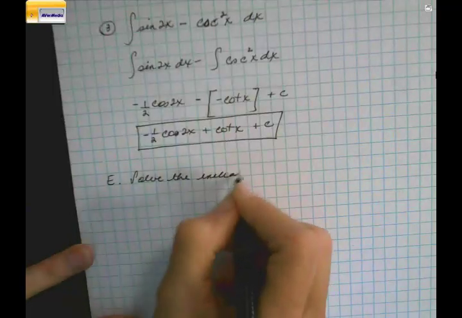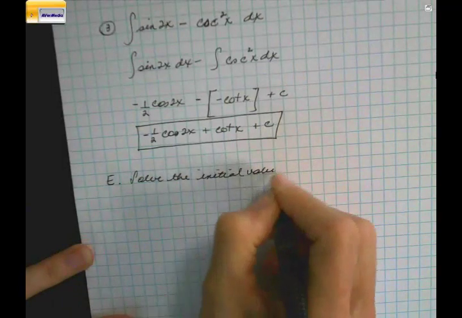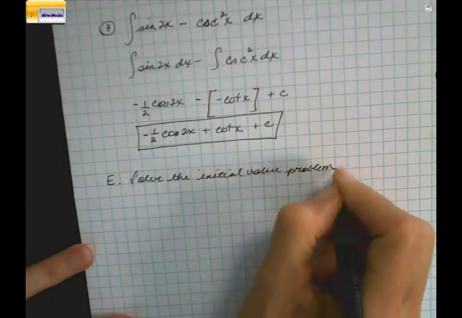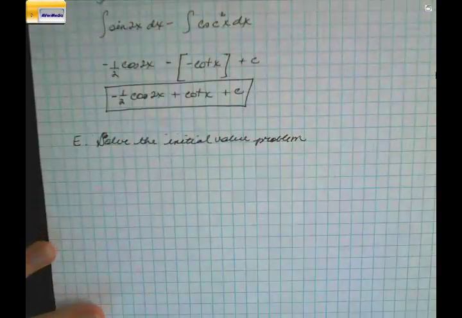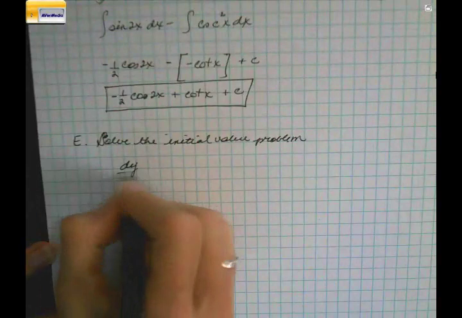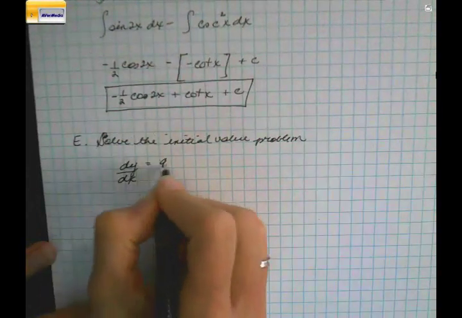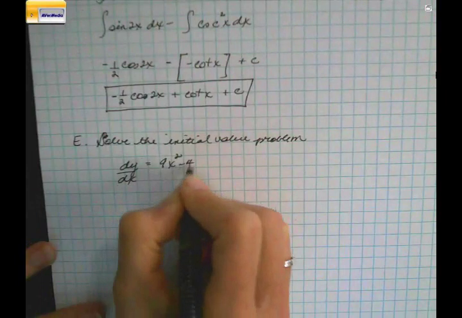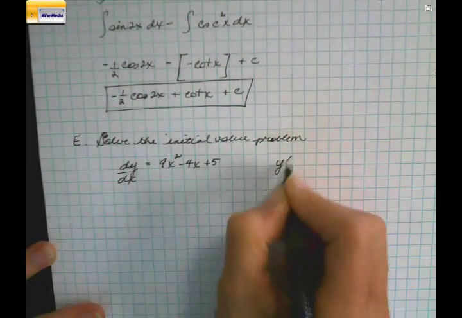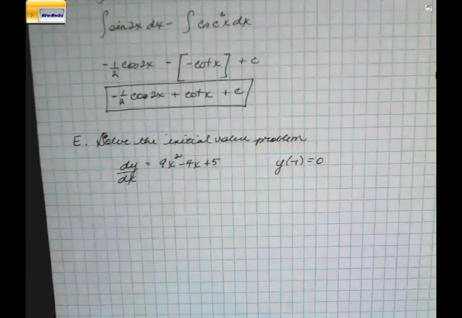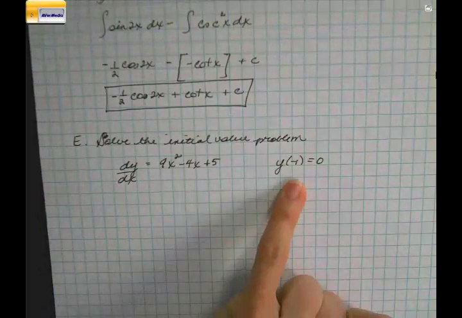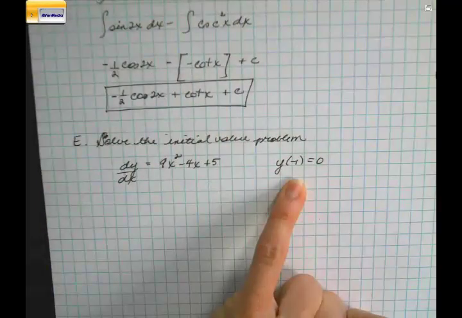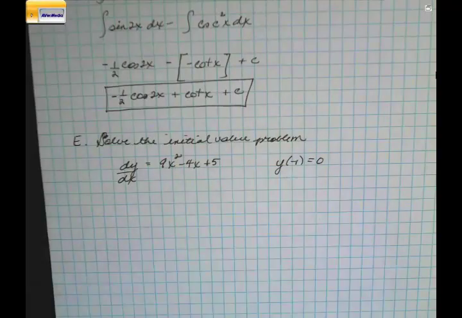This is how they'll ask the question, and this is how they give it: dy dx equals 9x squared minus 4x plus 5, and y of negative 1 equals 0. So when it's an initial value problem, they give you this extra information that gives you the ability to come up with the value of the arbitrary constant c.